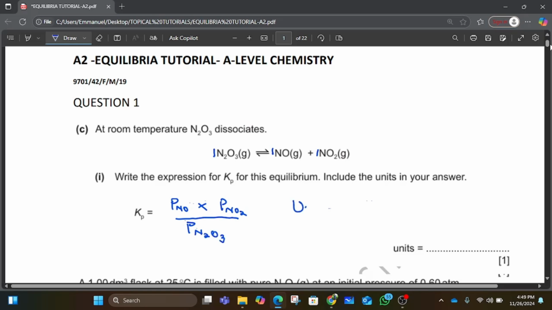And so for the units, you know that pressure is measured in pascals or atm or Newton per meter squared, but I'm going to use pascals for this. And so for this, Pascal times Pascal divided by Pascal. And so the Pascal here cancels 1 on top, and so we are left with Pascal.